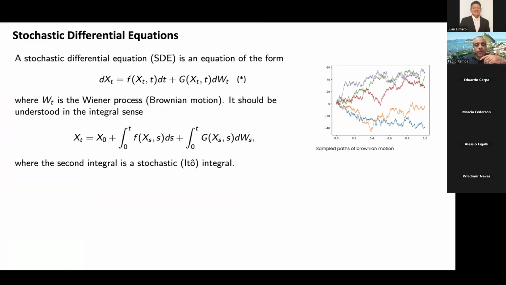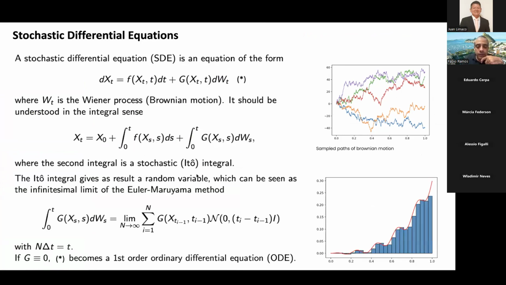I cannot do a full review of stochastic differential equations, but when I write something like this for the students here, what I'm actually saying is that, in the integral sense, this is the normal integral, the deterministic one, and this is what I call the Ito integral. And you can think of some limit, just like a Riemann limit.